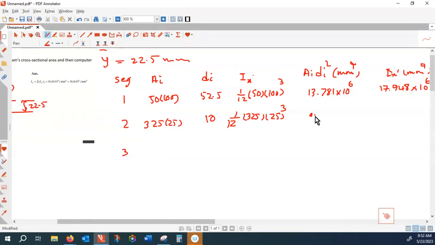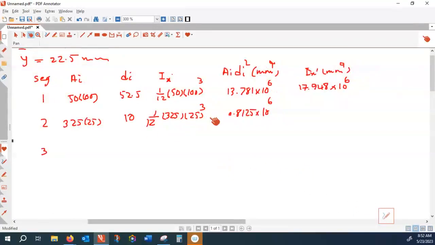That is 0.8125 multiplied by 10 to the power of 6. And finally, let us write the result of that Ix prime here. That is 1.236 multiplied by 10 to the power of 6.